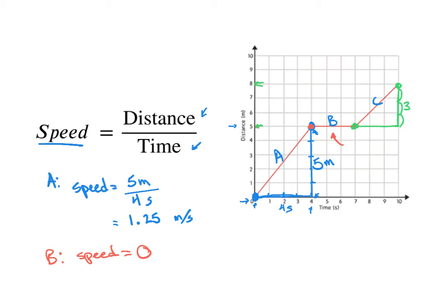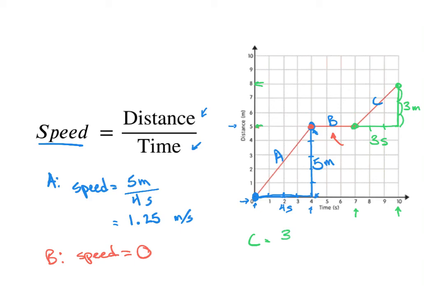So the distance here is 3 meters. It's the same for the time, except we just look at the horizontal scale. We started here at 7 and we finished at 10. So from 7 to 10, that's also 3. So that's 3 seconds.